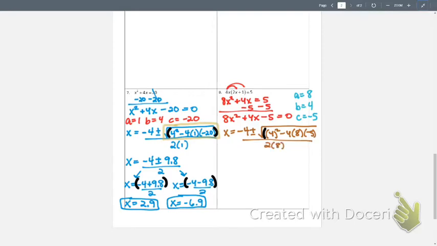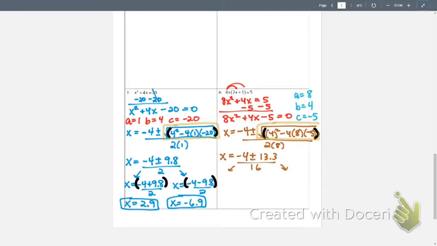So again, you have to have those parentheses in your problem, and you're going to type this into your calculator first to make sure that you are getting the right decimal. When you type that into your calculator, you should get 13.3, and then we're dividing by 16.